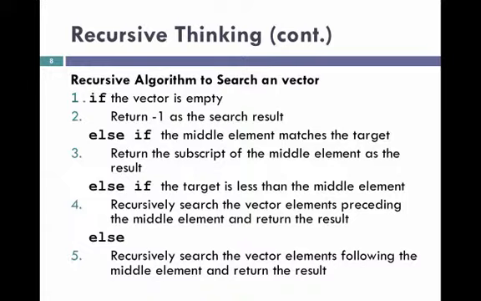Now, if the target is less than the middle element, then we recursively search the vector elements preceding the middle element, and we return that result. Else, we recursively search the vector elements following the middle element, and return that result. So here in these final two choices, we're eliminating half of the vector at every step.